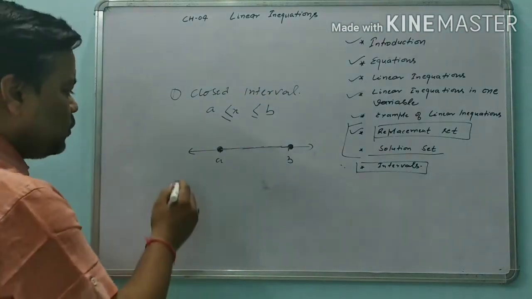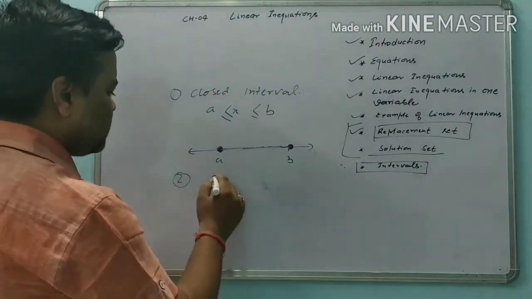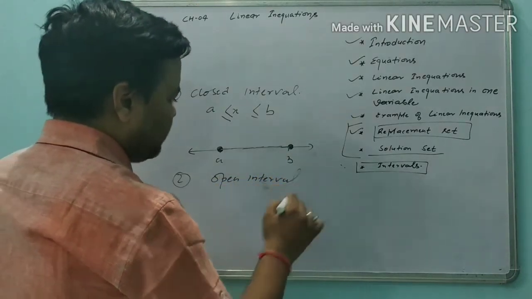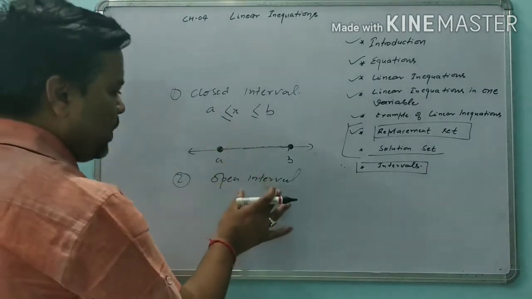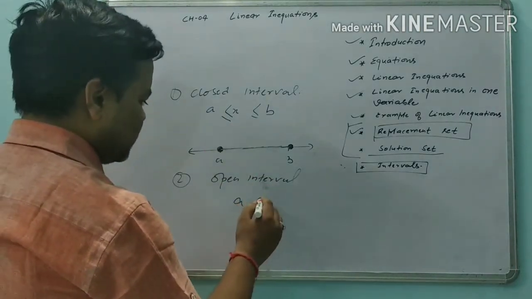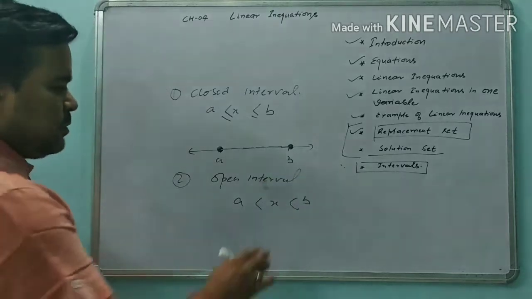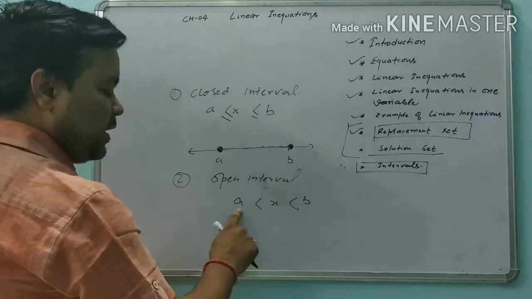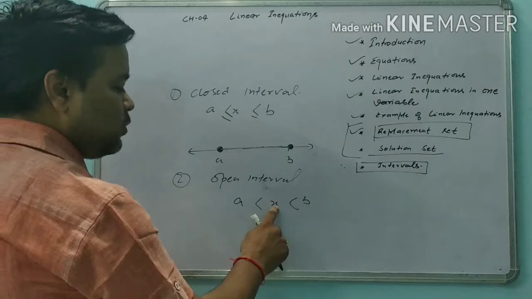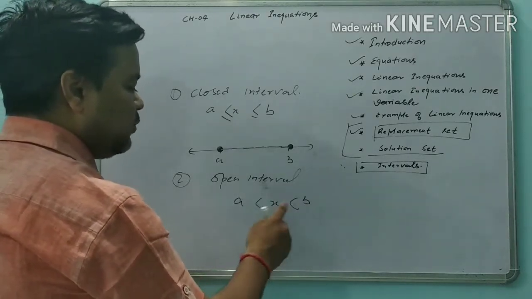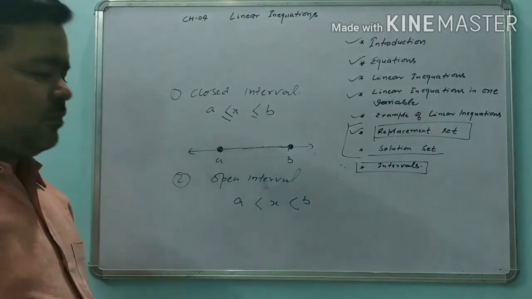Now the second one is the open interval. In an open interval, its condition will be like this. It means the value of x is not a, and we cannot take the value of x as b, but all the values in between a and b we can take as the solution of x.